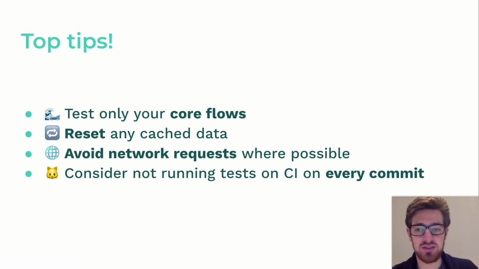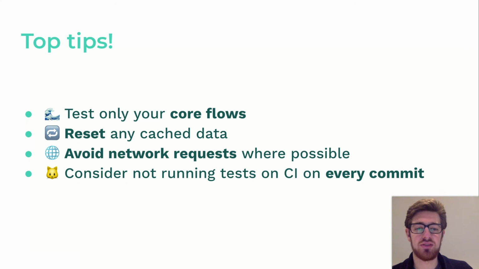So anything to do with being logged in or some state that was set when you've been running other tests, reset that every time. Avoid doing real network requests where possible. Of course, I'd recommend using Succulent. It's a great tool for that. But however you want to do it, try not to perform too many or any real requests to your backend. It'll only slow down your tests and it makes them less reliable.